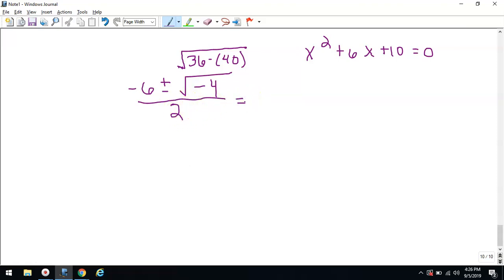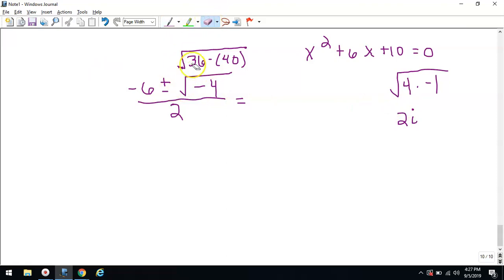So how do we simplify this? The square root of negative 4 is going to be the same as the square root of 4 times negative 1. The square root of 4 is 2. The square root of negative 1 is i. So the square root of negative 4 is 2i.